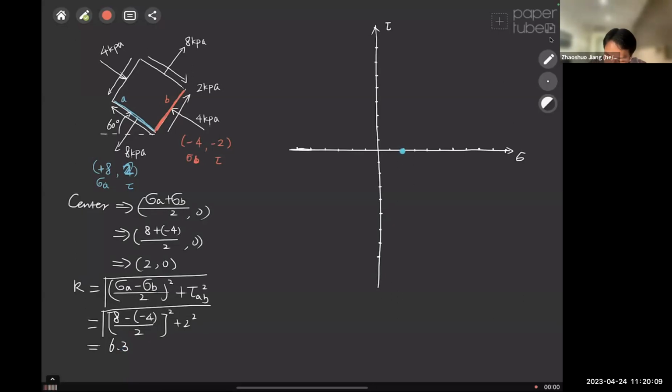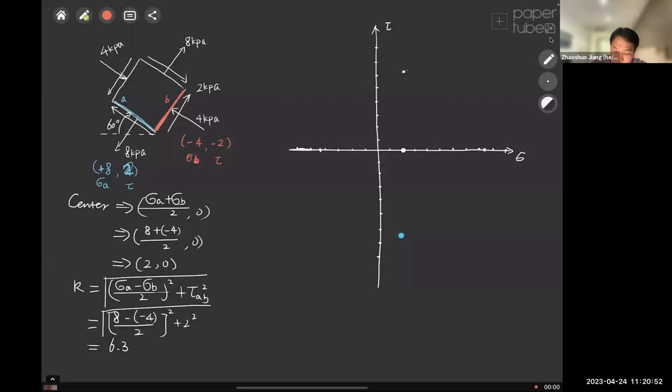So the center is 2 and 0. We have the radius of 6.3, meaning that starting from the center, we go to the right 6.3. 1, 2, 3, 4, 5, 6. 6.3 is here. To the left, 1, 2, 3, 4, 5, 6. 6.3 is over there. Then up 6.3 and down 6.3 are somewhere here.